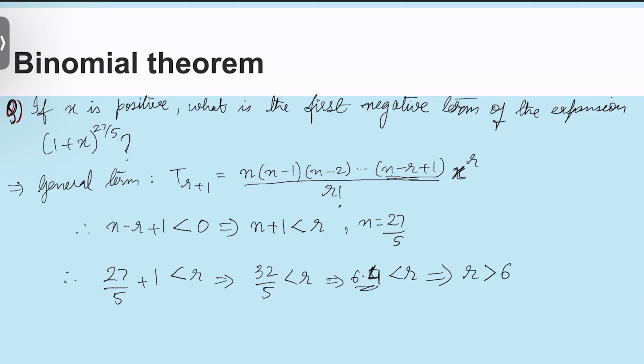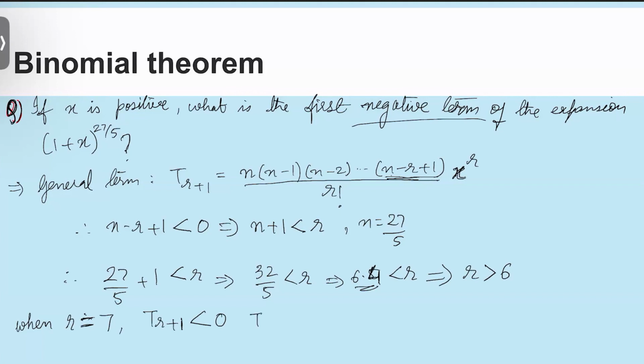So if r is more than 6, the first positive integer after 6 we take is 7. Now we will write tr plus 1. The term with respect to r equal to 7 should be less than 0 for it to be a negative term. So the first negative term will appear when r is equal to 7.